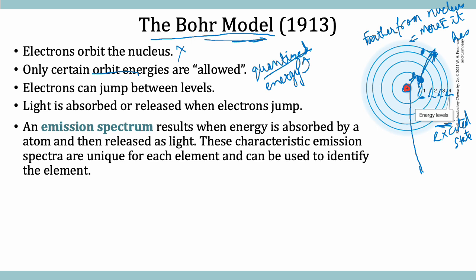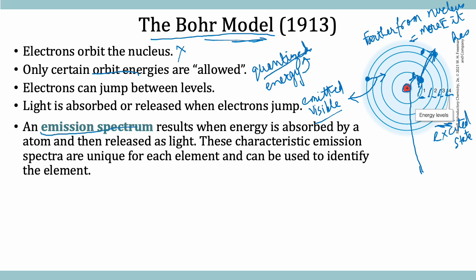But let's say this atom was in the excited state. At some point it will want to come back to its original location, and when it jumps from a higher energy level to a lower energy level, the extra energy is usually emitted. Sometimes the energy that is emitted is in the form of colors that are visible, and that is called the emission spectrum.